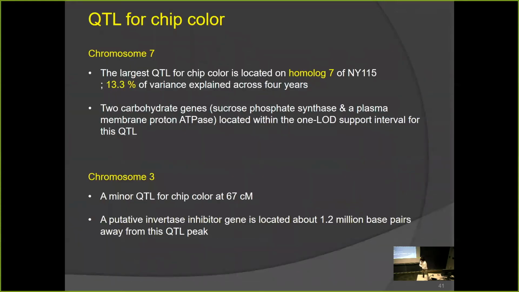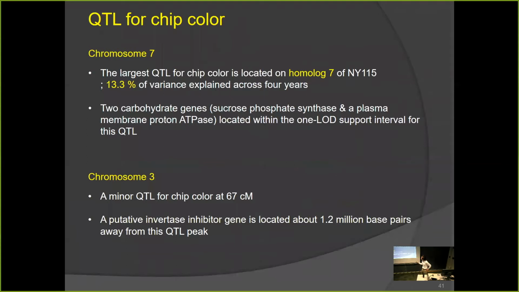So when I see chromosome 7, there was the largest QTL for chip color, especially on homolog 7, which came from the N115, of course. And this explains 13% of the variance across the 4 years. So I think this is quite an important QTL peak for future chip color selection.